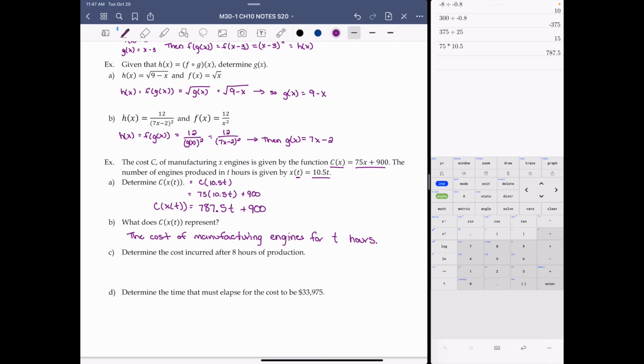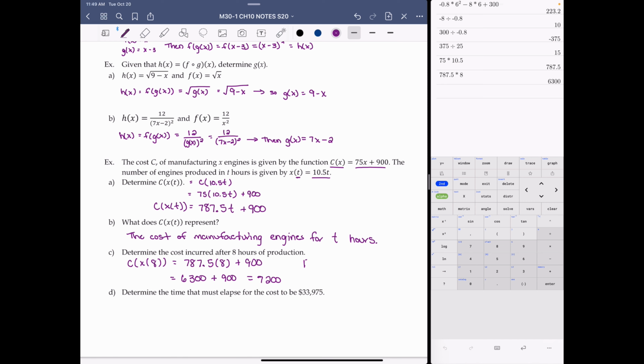Determine the cost incurred after 8 hours of production. C(x(8)) in this case, 8 hours, equals 787.5 times 8 + 900. 787.5 times 8 is 6,300, plus 900, which equals 7,200.